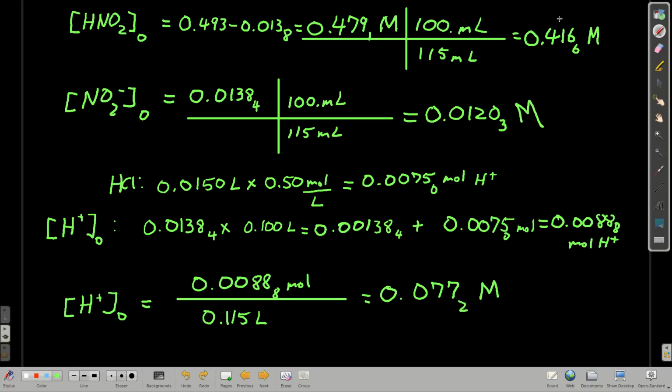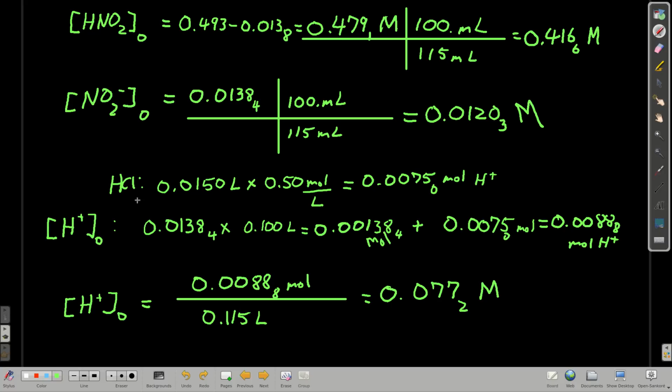Now, for the proton, we have to do a couple things. First, there's the concentration of H+ that we had from our initial equilibrium. What we're going to do is multiply that times the volume that we had to get the moles. This is moles right here. Should put moles down there, of H+.